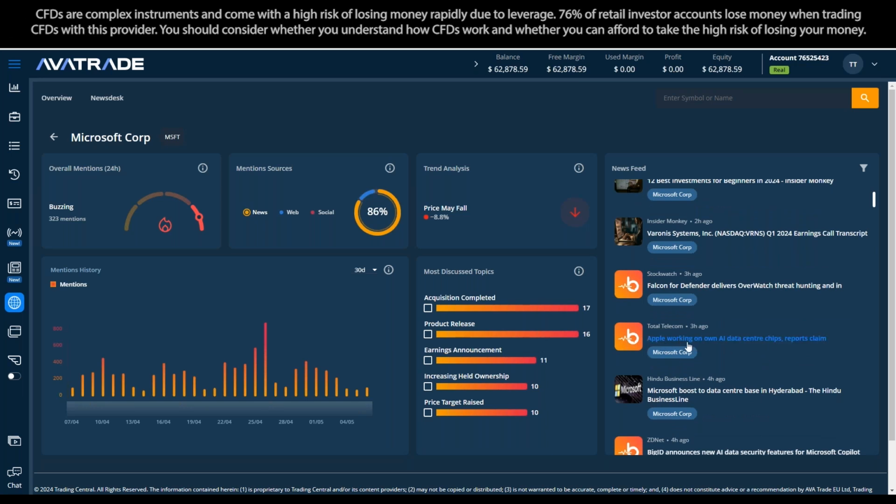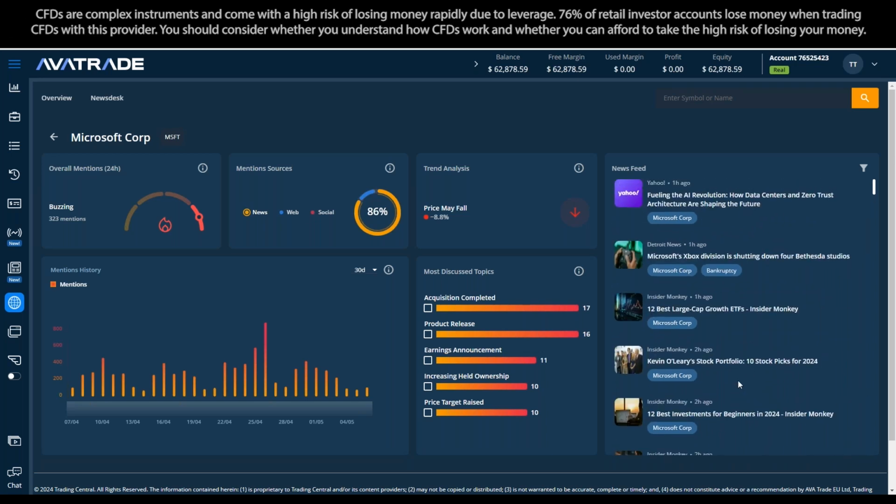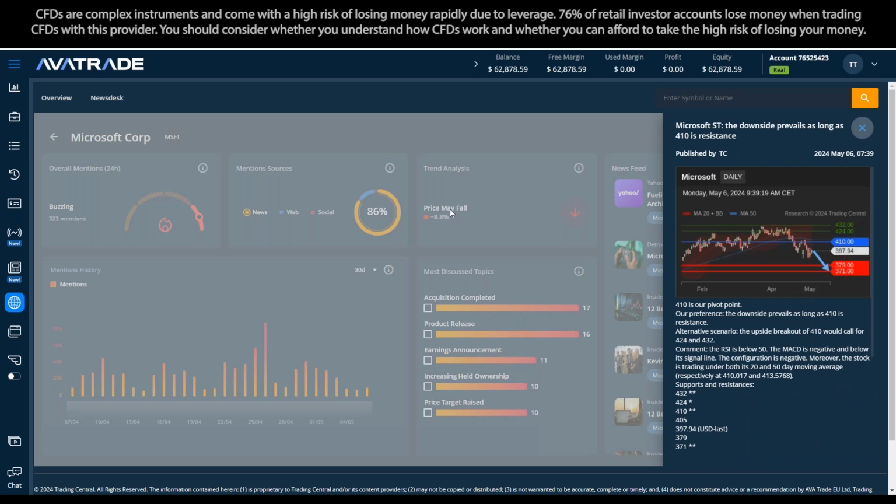You know, here's one about Apple working on their own AI data center chips. So you can get an idea of what's happening most recently with any instrument using this tool. And then you combine that with the trend analysis, and that can give you a good idea of, is the timing right to trade in the direction that you think the fundamental news supports.